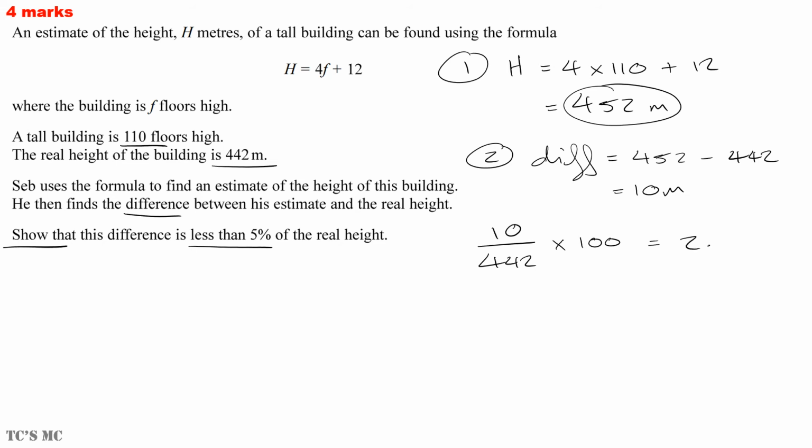We get 2.26%. Because it said show that this difference is less than 5%, we will now give a statement: 2.26% is less than 5%. We will get that last mark providing everything else was correct.